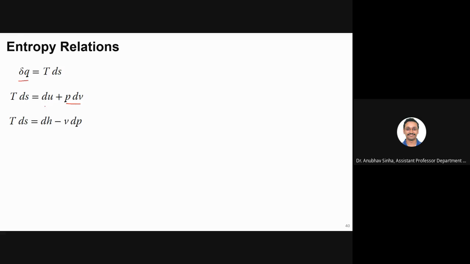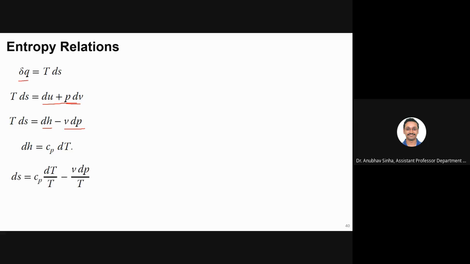I can also write this in terms of dH. If you remember, H is equal to u plus pv. So dH will be du plus pdv plus vdp. So if I take this term, then this is equal to dH minus vdp. dH can also be written as cpdt.